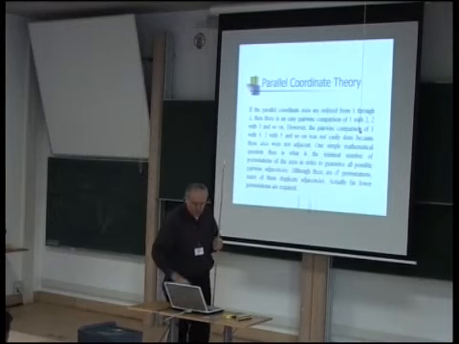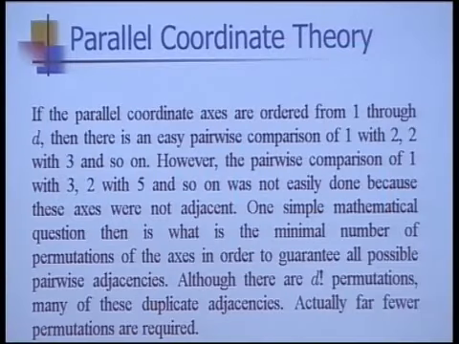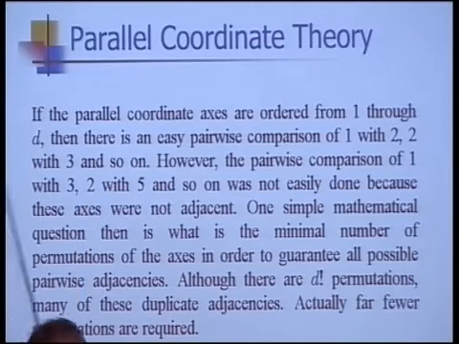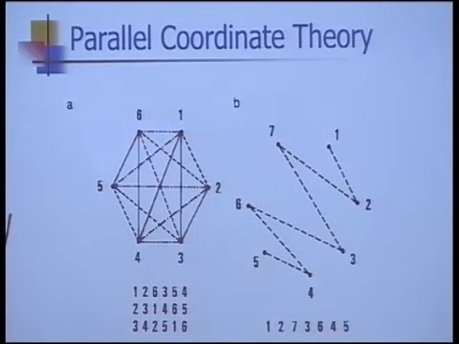If I order my axes 1 to D, I can compare 1 to 2, 2 to 3, and so on, but I can't compare 1 with 3, or 2 with 5, directly. So this is a cute algorithm for finding permutations so that all possible pairwise adjacencies are held.